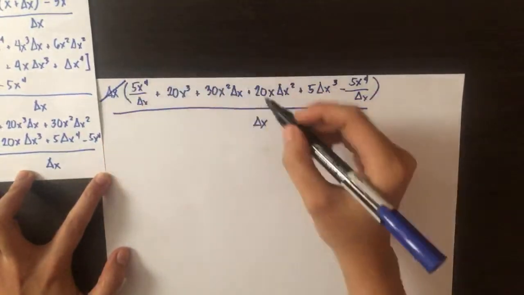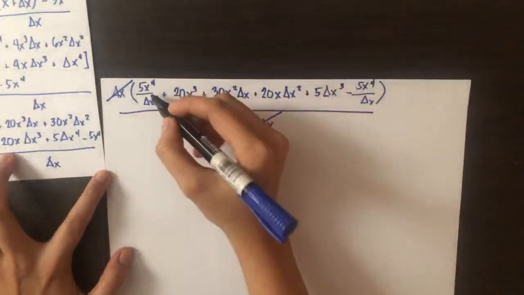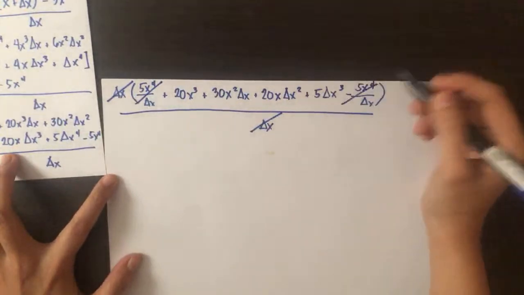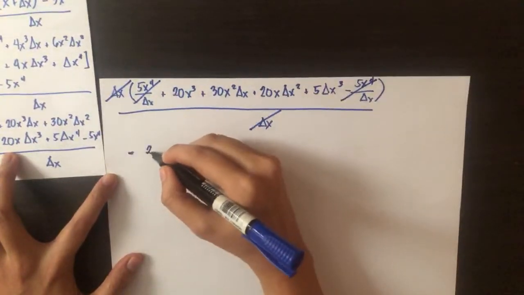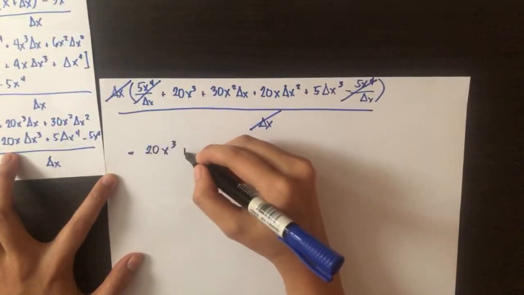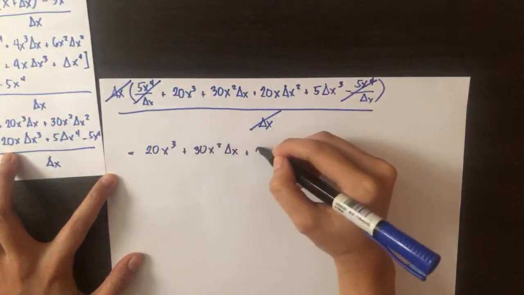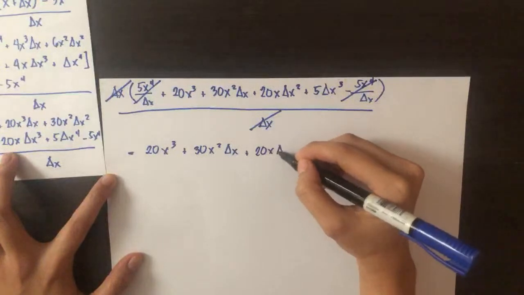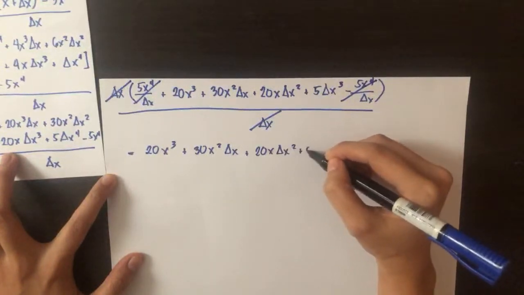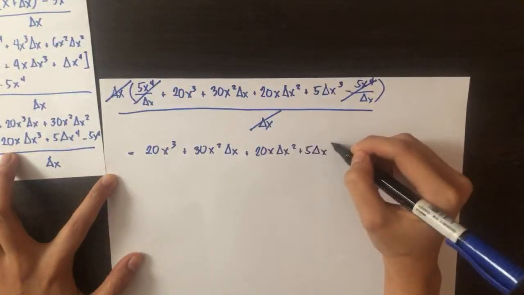So, makakancel na to. And, ito rin. So, yung equation natin magiging 20x cubed plus 30x squared delta x plus 20x delta x squared plus 5 delta x cubed.